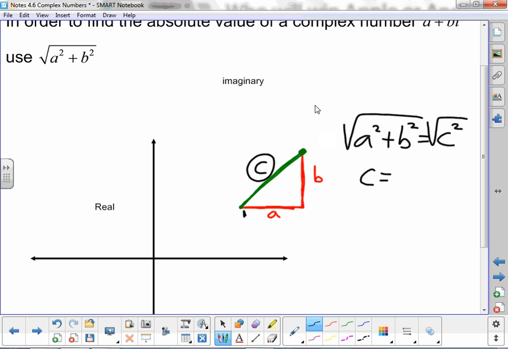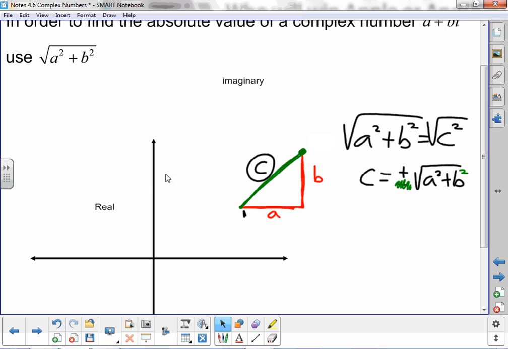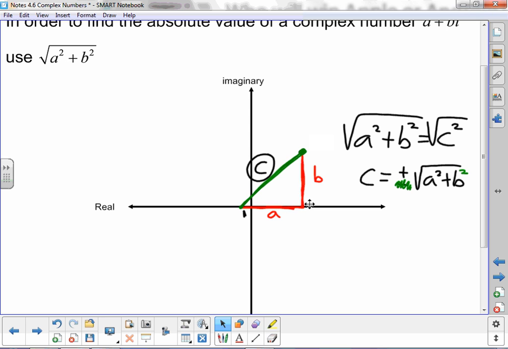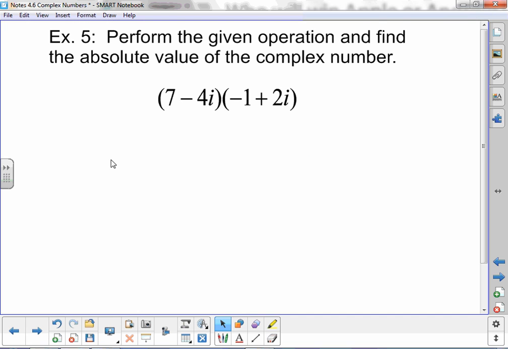So c is equal to plus or minus the square root of a squared plus b squared. But since we are talking about a length, we don't need the negative part. So we just want c equals the square root of a squared plus b squared. That's where that formula comes from. So if you want to find the distance from a complex number, which is a point, to 0, that's where this formula comes up.